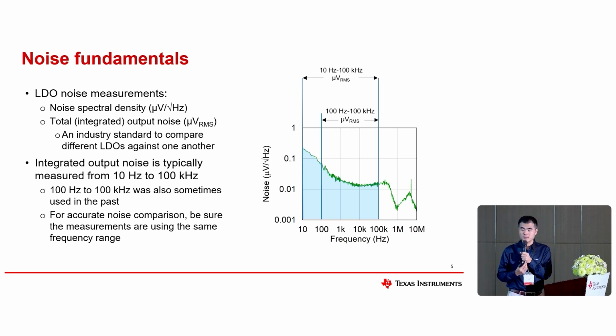If we want to compare different LDO noise, we need to make sure the frequency range is the same, because previously we measured noise from 10 Hertz to 100 kilohertz, but now mostly it is 100 Hertz to 100 kilohertz.